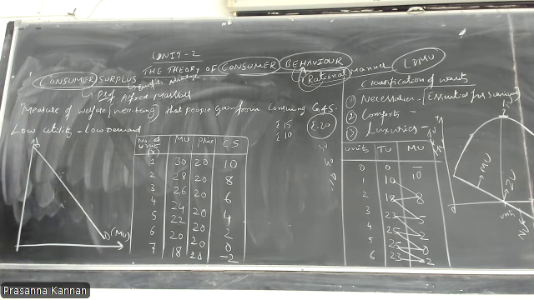That one thing you please understand first. This is OY, this is OX. Here you can take it as Q. This you can take as R, P, and this is D, which I have already mentioned.